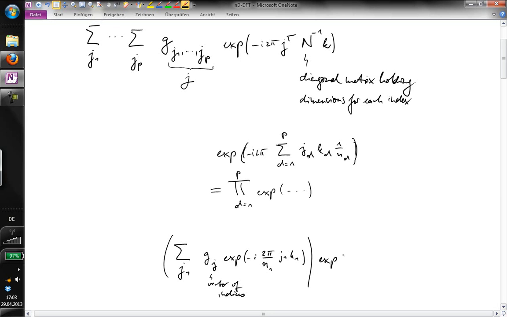And this is multiplied by the second term, and I need a summation over the second index. And so on and so on.